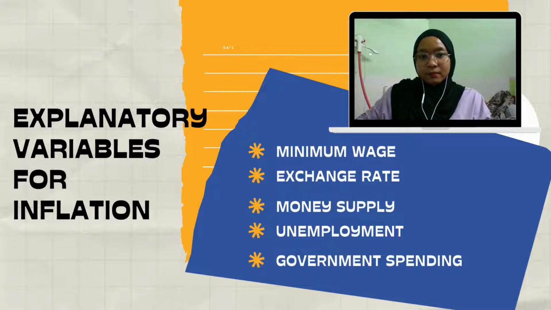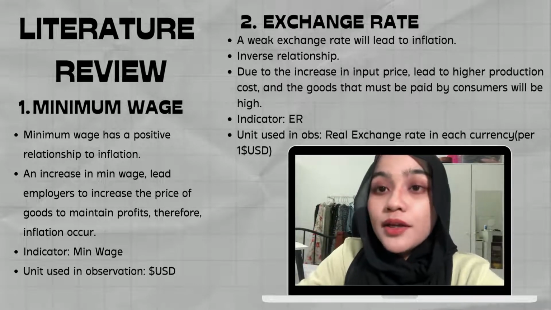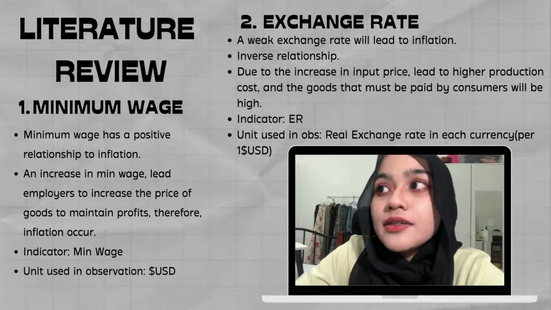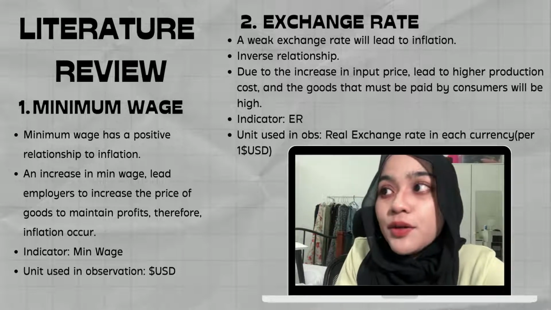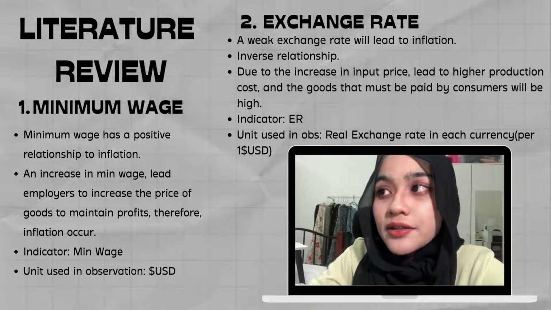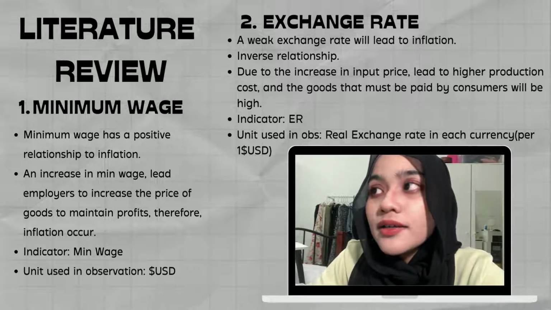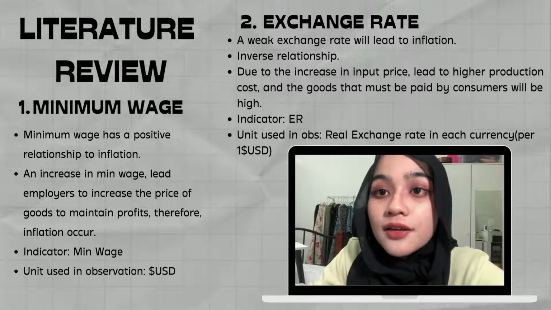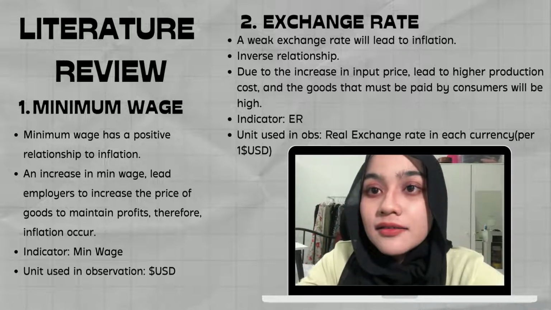government spending. Now let's move on to the first explanatory variable, which is minimum wage, where the indicator used in this observation is mean wage. It has a positive relationship to inflation, where the increase in minimum wage will encourage inflation. The second one is exchange rate, where a low exchange rate will lead to inflation, therefore it has an inverse relationship. The indicator used in this observation is ER.